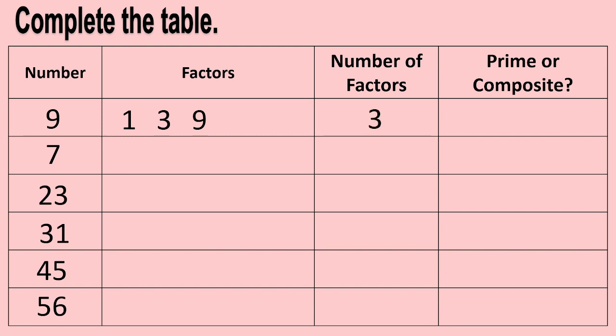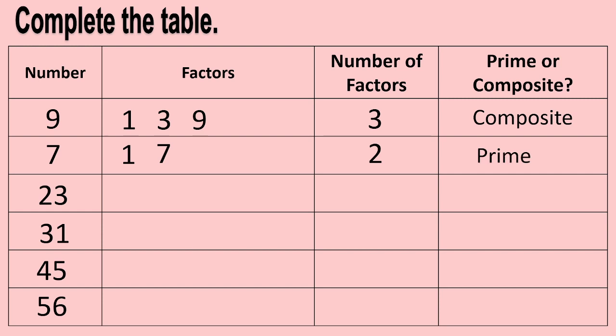Prime or composite number? The answer is composite. Next, 7. Factors of 7 are 1 and 7. Number of factors, we have 2. Prime or composite? The answer is prime.